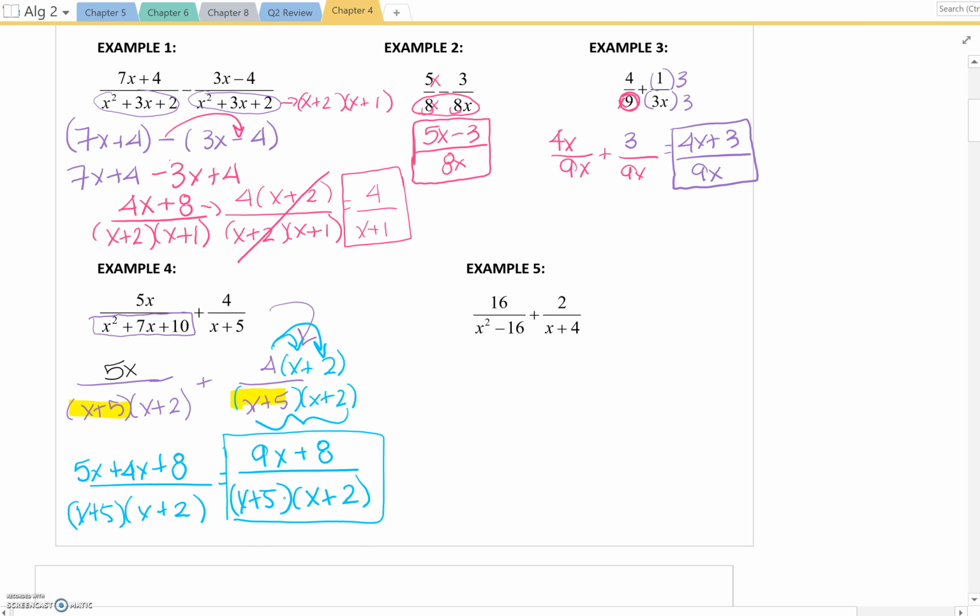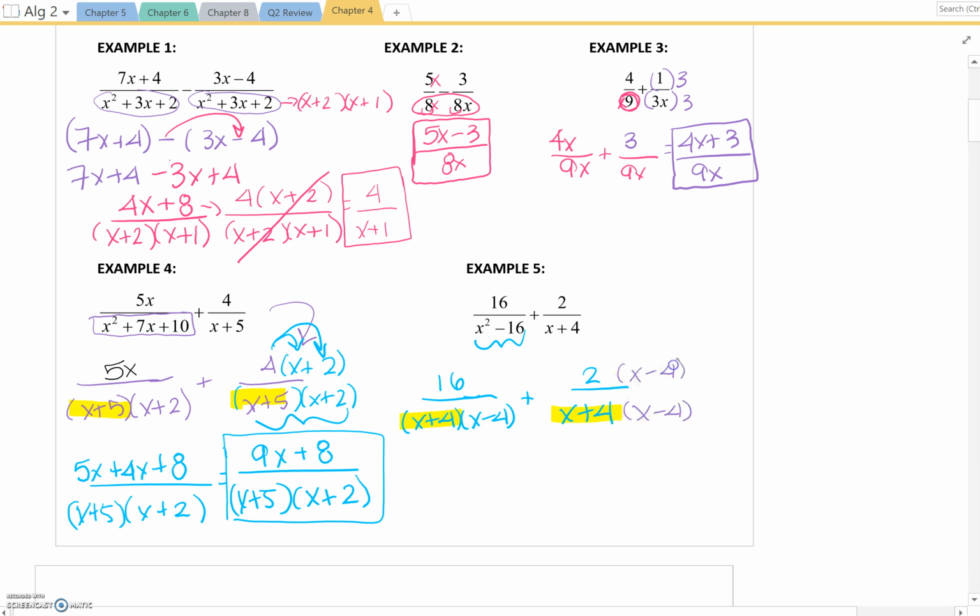For example 5, go ahead and factor. You can only factor this. Remember, it's a difference of squares. So it's 16 over x plus 4, x minus 4, plus 2 over x plus 4. Part of the common denominator that you already have is the x plus 4. So that's taken care of. Which means that the right-hand fraction needs an x minus 4.